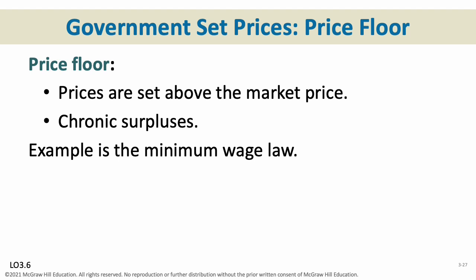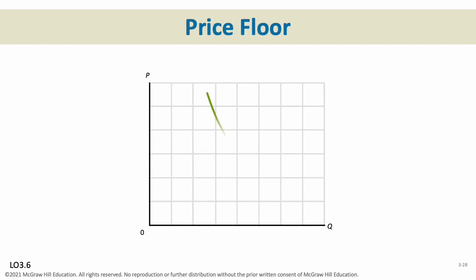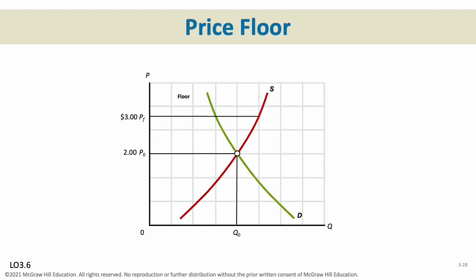In a price floor, you cannot go below the floor, and as a consequence, there's going to be a lot more supply. It's very attractive to supply the market, but there's going to be a reduction in demand because the price is above the market price. And in a price floor, you wind up in a situation of a surplus.